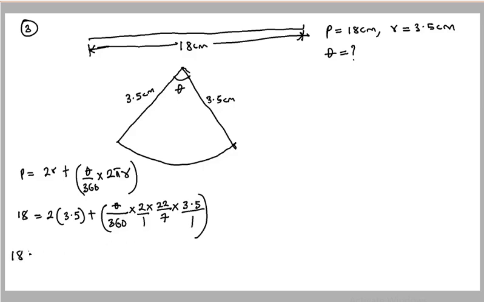So we have 18 equals 2 times 3.5, which is 7, plus, as usual, multiplying the numerator, 2 times 22 times 3.5. That's 154. So 154 times theta gives 154 theta all over 360 times 1 times 7 times 1, which is just 2520.